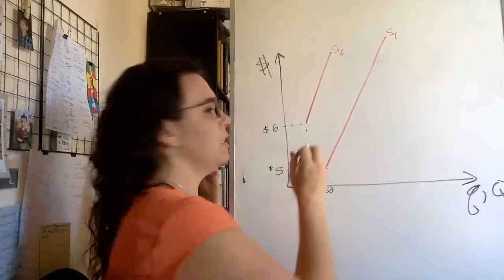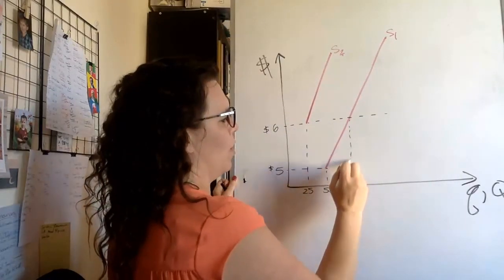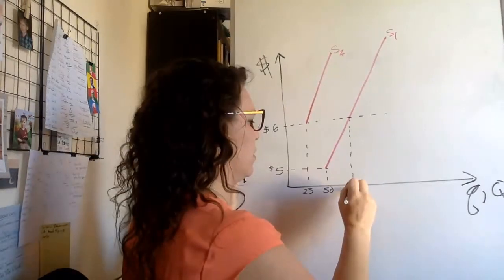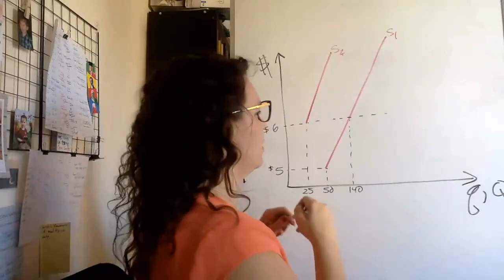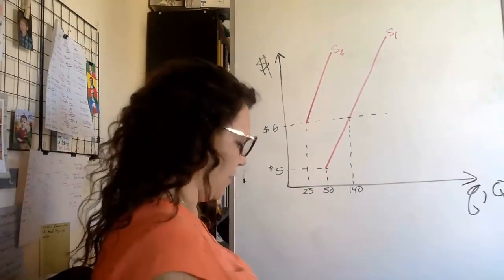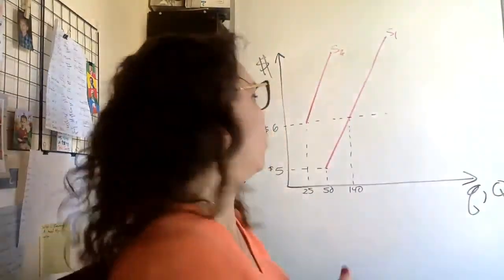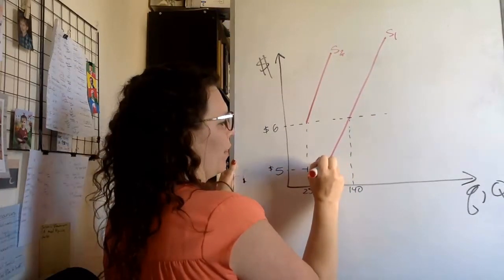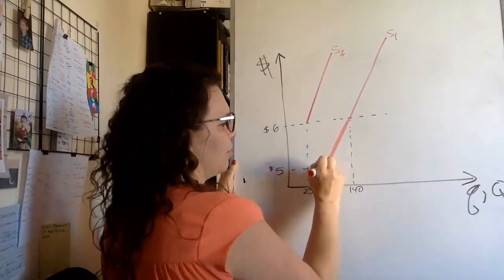At that point, firm 1 is producing 140 units. And what happens is, if we're drawing the market supply curve, it's going to follow S1 up until the point where S2 enters the market.